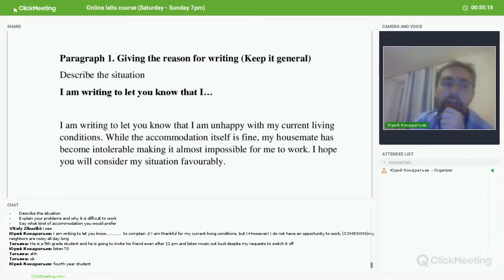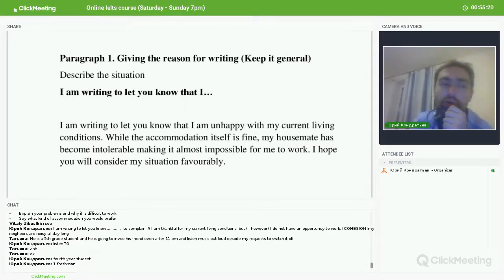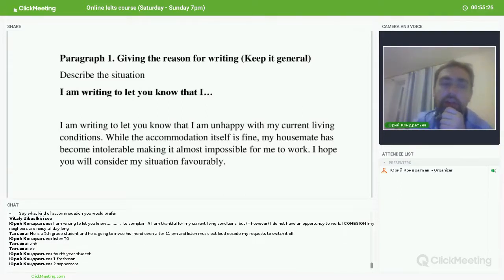Instead of this, you can also use specific vocabulary. A 1st year student in English is called a freshman. He's a college freshman. Then you can say he's a college sophomore. It means this is his 2nd year. He is a college junior student, if this is his 3rd year.